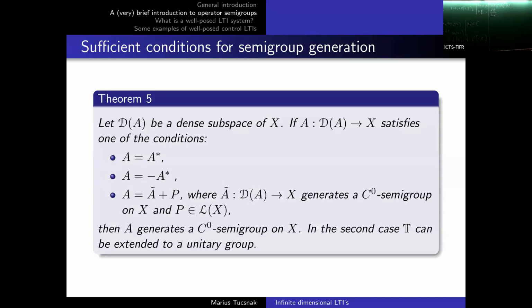And then I have the perturbations. If I perturb a generator A tilde by a bounded operator, so defined on all the space, I will still have a semigroup generator. This very simple list covers all the examples which we will see at least in my lectures, but I think not only.